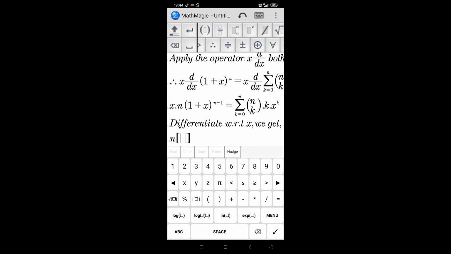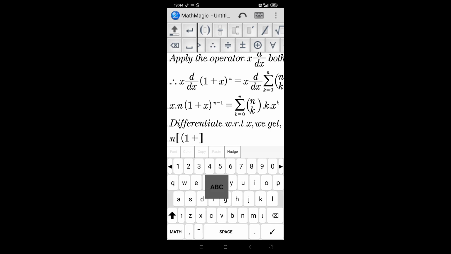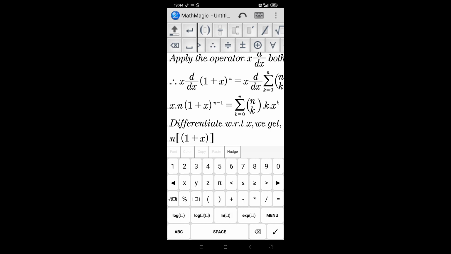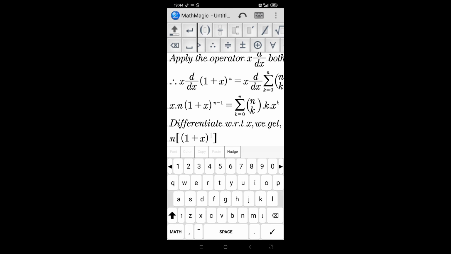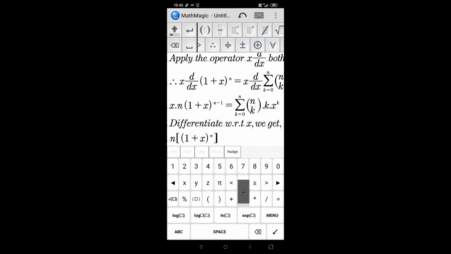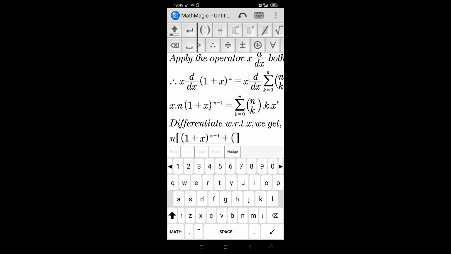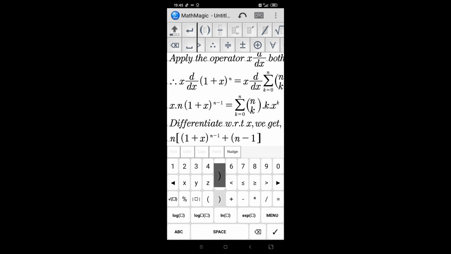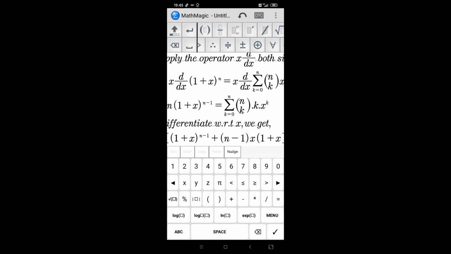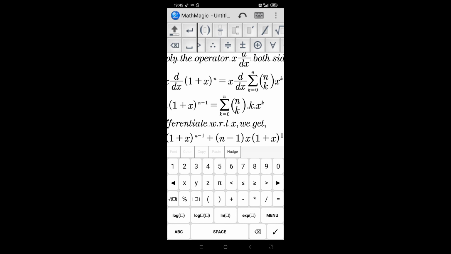Since n is constant, we differentiate x only: 1 plus x to the power of n minus 1 plus... Differentiation of the first function into the second function will be: first function's differentiation times the second function, plus the first function times the differentiation of the second function.